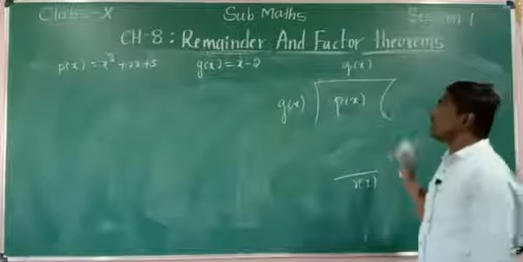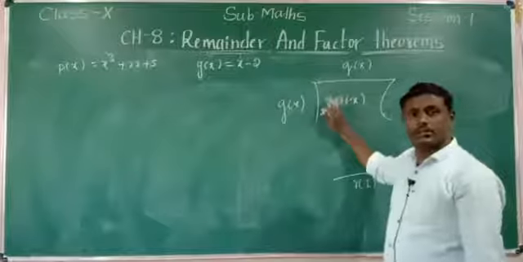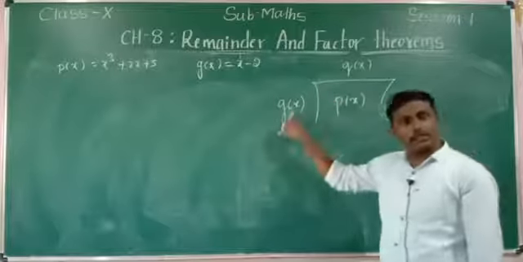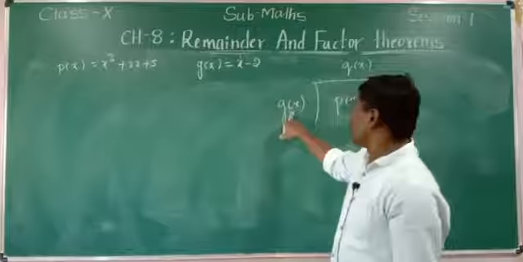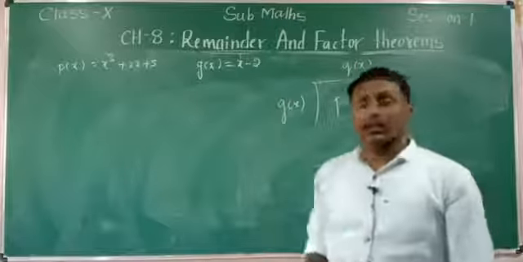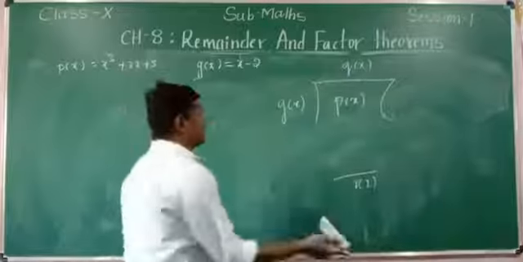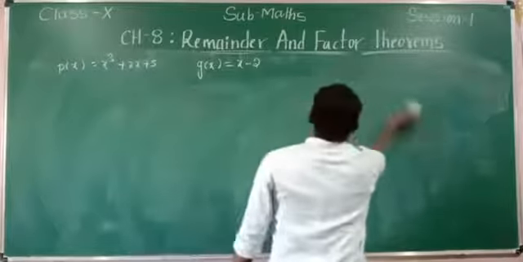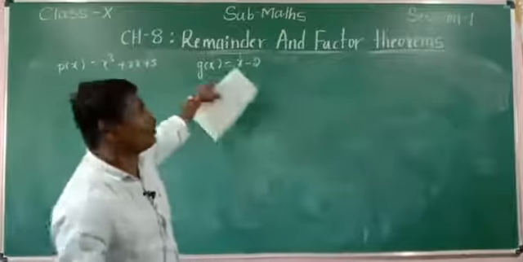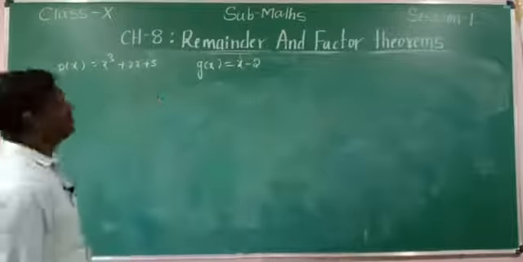In the remainder theorem, the dividend is p of x, the divisor is g of x, the quotient is q of x, and r of x is nothing but the remainder of the expression. So we are just denoting the other expression with the help of the function g of x.